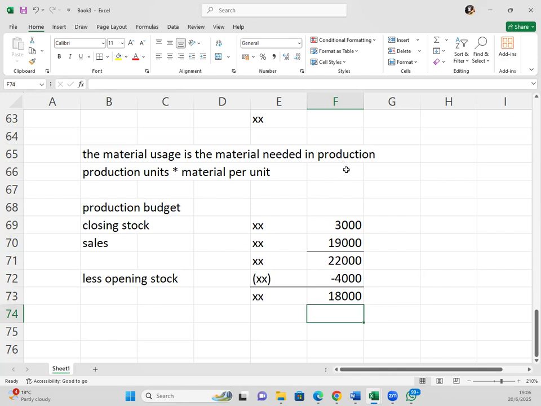So now we know we want to produce 18,000 units. Each unit, we are told, requires 8 kgs. So how many kgs do we need for all the units? If each unit requires 8 kgs and we want 18,000 units, we need 144,000 kgs.